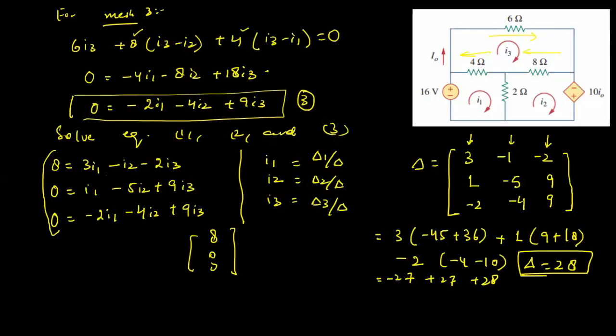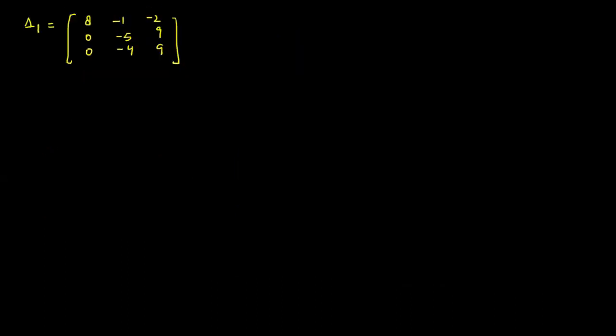You can see the values of these two columns are the same, and this one has been replaced. This is going to give me my delta 1. If you solve it, it will be 8 times minus 45 plus 36, because this is the only multiplication that will happen, 9, 45 and 36. Rest of the terms would be 0. So if you solve this one, you will get minus 72.